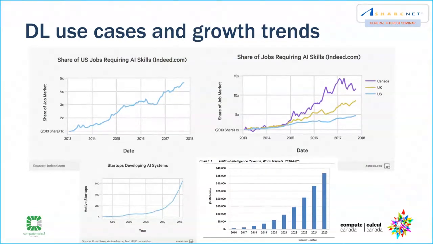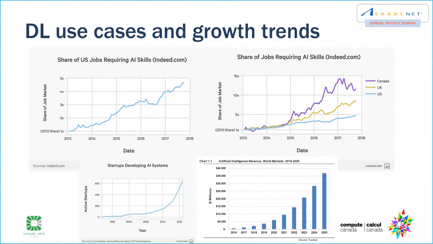And the number of startup companies actually using AI systems grows exponentially, and market size grows exponentially. So like this, DL, deep learning or AI, is such a huge movement in many fields. It is actually confirmed by this kind of data for many different scopes as well. It's very interesting to see such an explosive increase in Canadian job markets regarding deep learning.